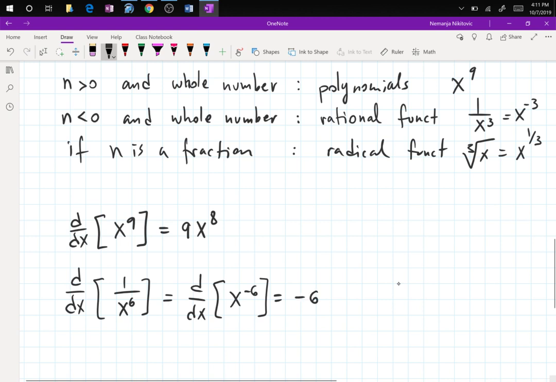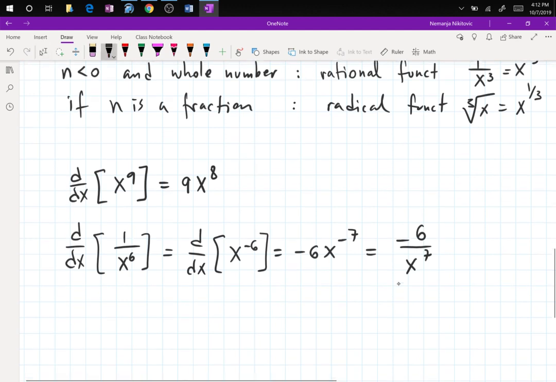So that's negative 6, x to the negative 7, and then make it into a positive exponent by kicking the negative exponent down. So we have negative 6 divided by x to the 7 when it goes down. So the same rule deals with these.